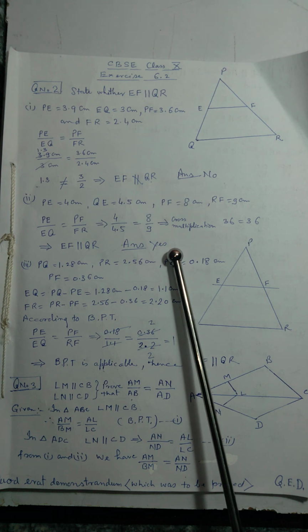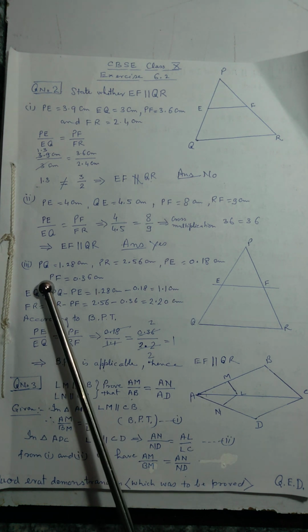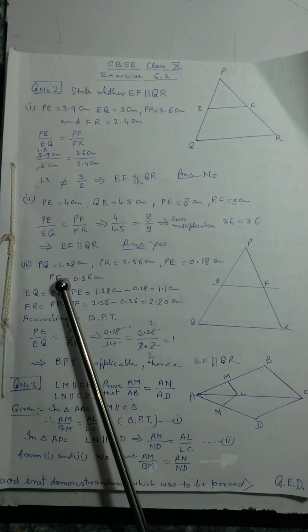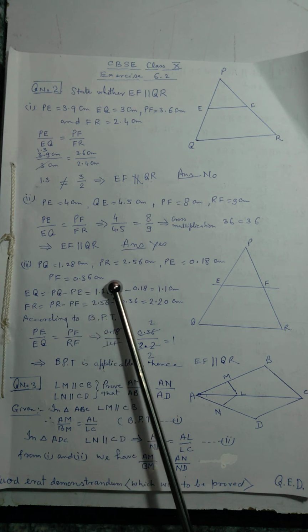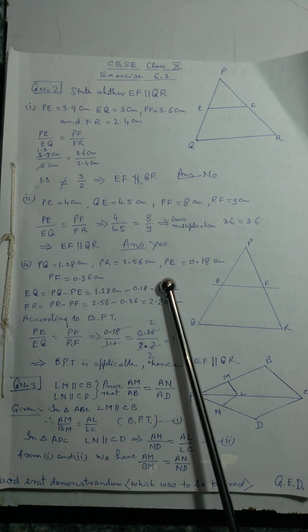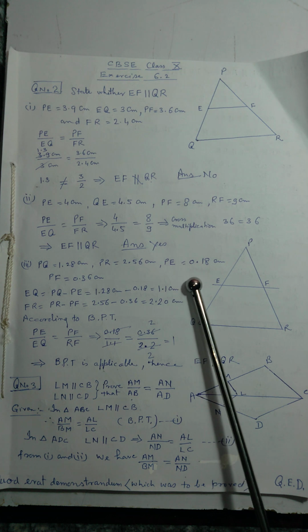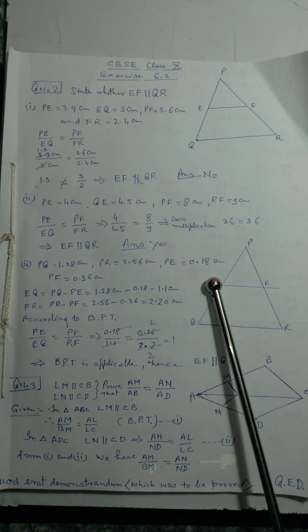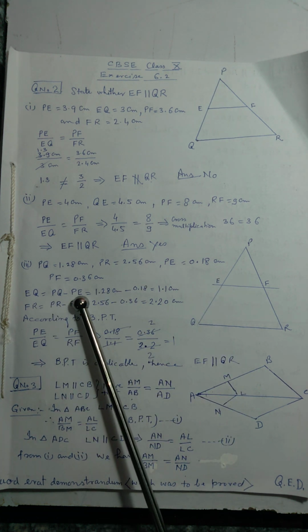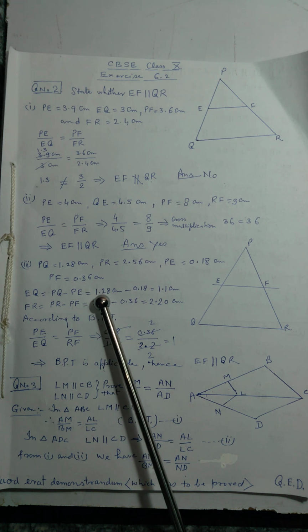So the answer is S. Now the third part. Here you see PQ is 1.28, PR is 2.56, PE is equal to 0.18 centimeter and PF is 0.36 centimeter.